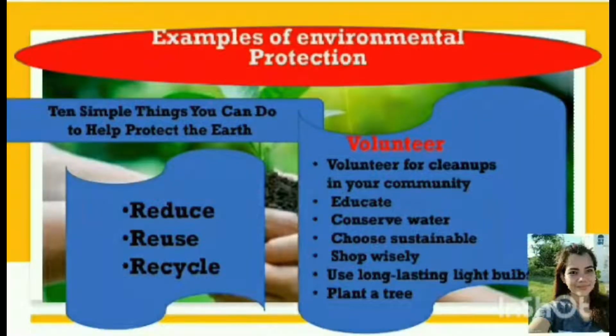Examples of environmental protection. There are 10 example things you can do to help protect the earth. So, unsa may buhato nato ani? Number 1, volunteer for cleanups. Usually naay mga organization nga mo initiate og activities sama sa cleanup drive.